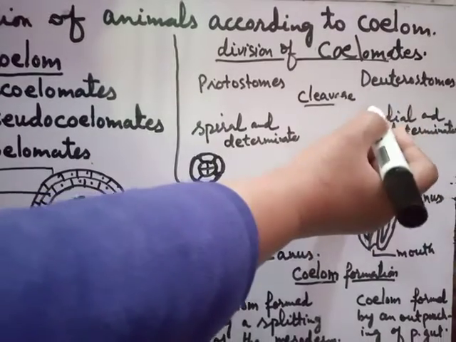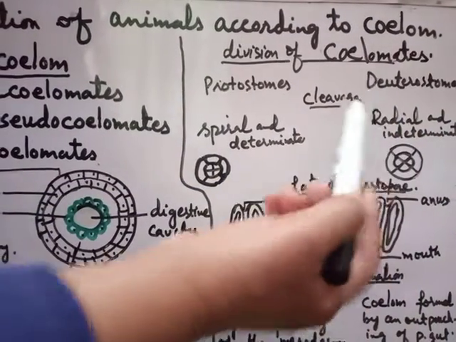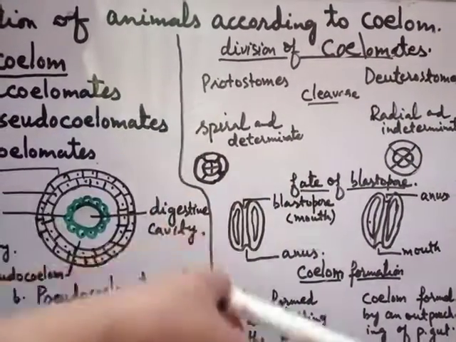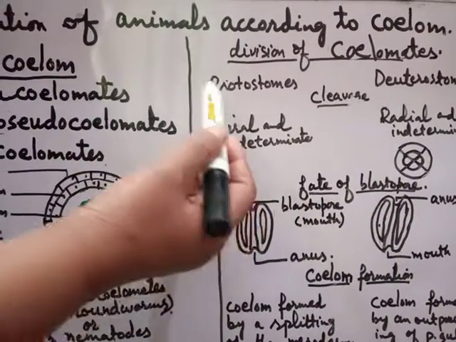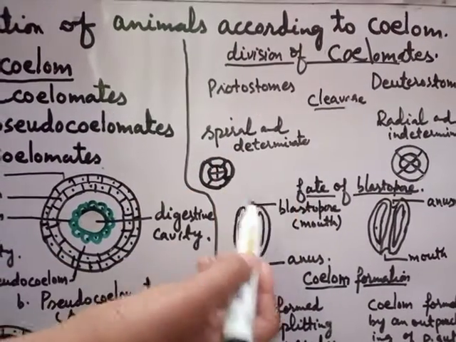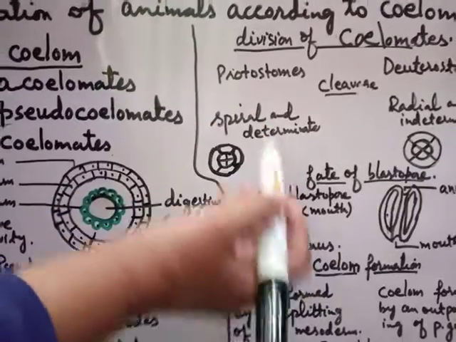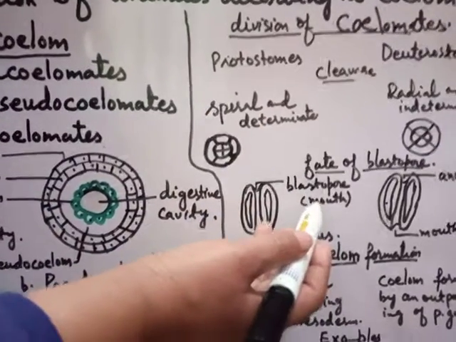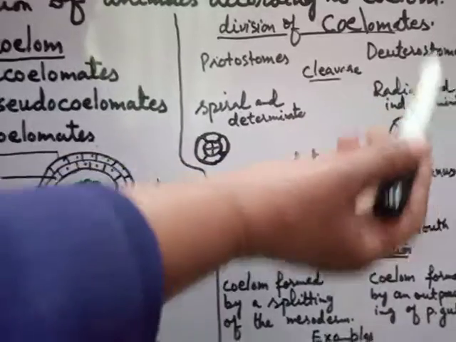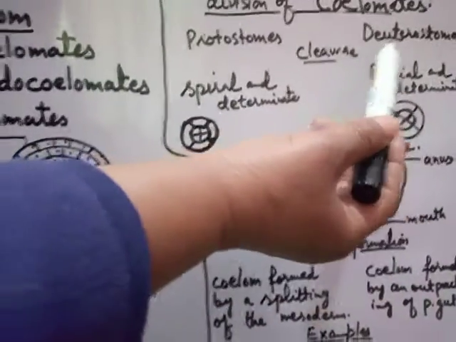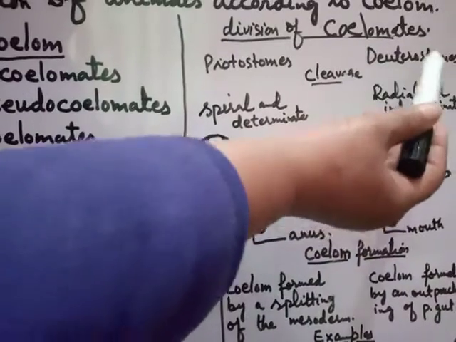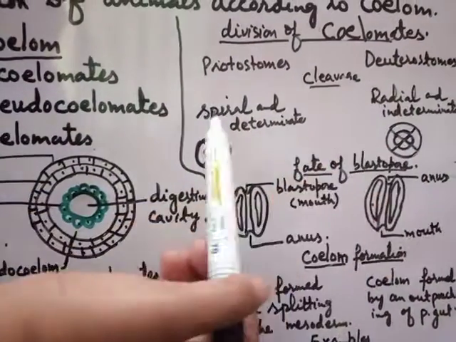So what are the differences between protostomes and deuterostomes? As I told you earlier, in protostomes, the blastopore forms the mouth, while in deuterostomes, the mouth is formed from the opposite side of the blastopore, and the blastopore develops into what, into anus.